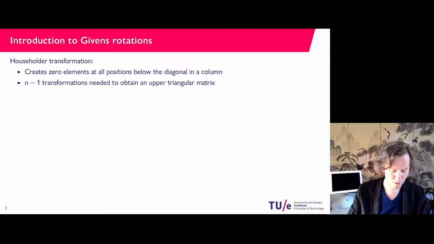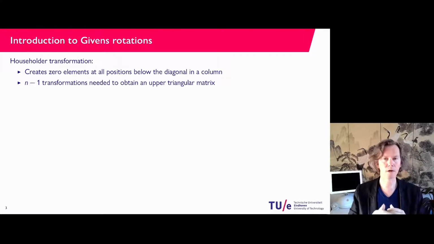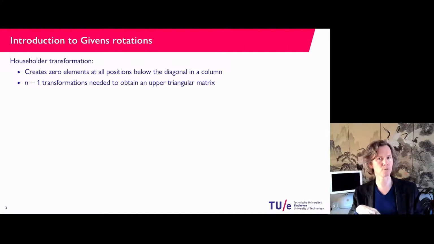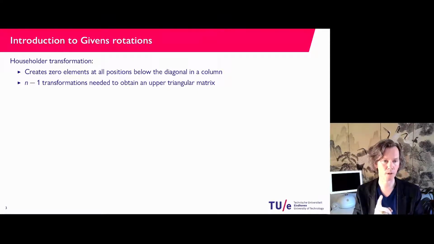So let's see. First, you may have seen Householder transformations before. Householder transformations can be used to create zeros. With a Householder transformation, you can take a column of a matrix and create basically as many zeros as you want in that column. So for instance, if you would like a matrix to be in upper triangular form, you can use one Householder transformation per column.